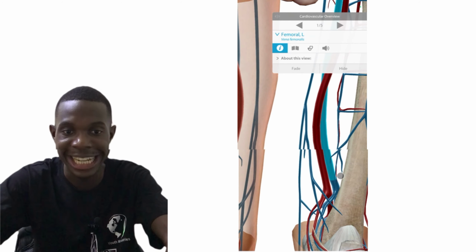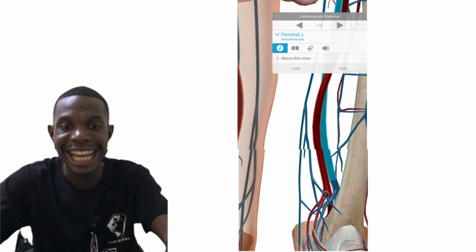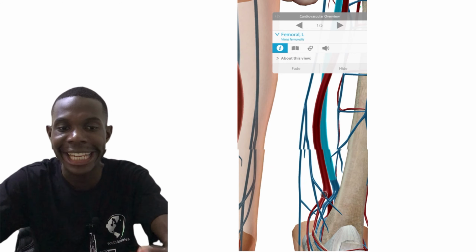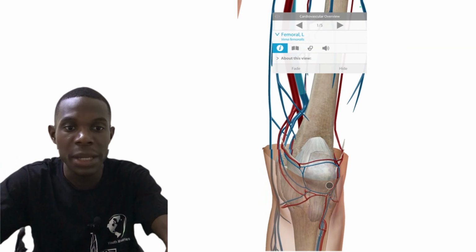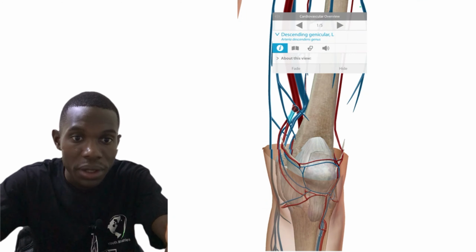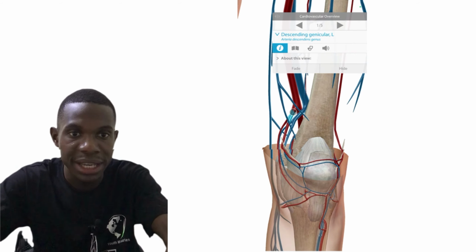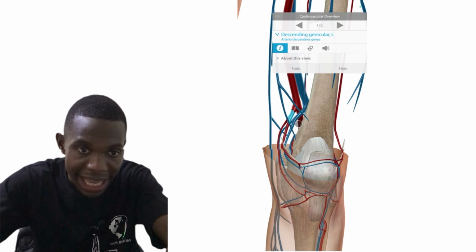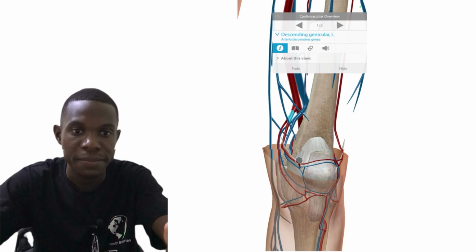So this is where you find the adductor hiatus. But before it enters, it gives what we call a superior genicular branch that will take part in the anastomosis of the what? Of the knee, right?